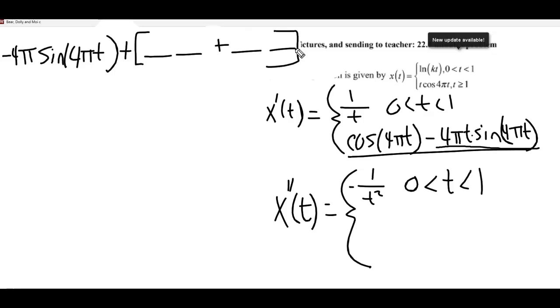Try to squeeze all that in there if I can. All right. So negative 4 pi t, the derivative of that is going to be negative 4 pi. And then we won't do the derivative of the other one, so that's going to be sine of 4 pi t.